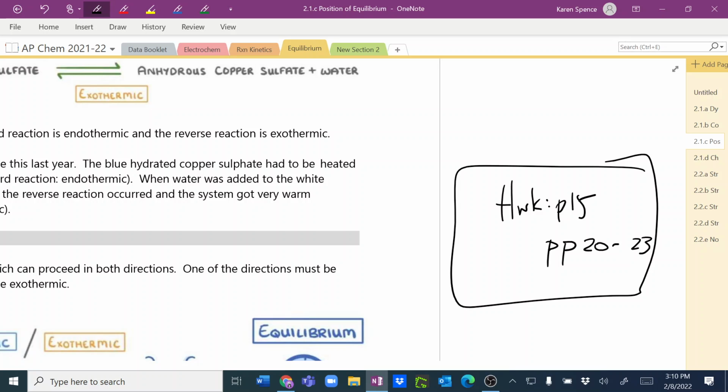And this one would be more, but not as much more. So if we decrease the temperature, this one is going to slow down a lot. This one is going to slow down, but not quite as much. So they both slow down. But then this one is still faster than the reverse rate. And that's why it gets more colorless, right?